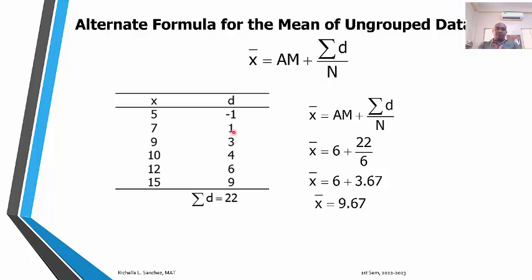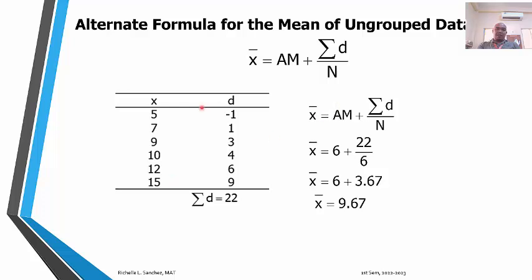So we have here the deviation of 7 is 1. How about 9? 9 deviates from 6 by 3. And then we have 10 deviates from 6 by 4, then 12, that is 6, 15, that is 9.